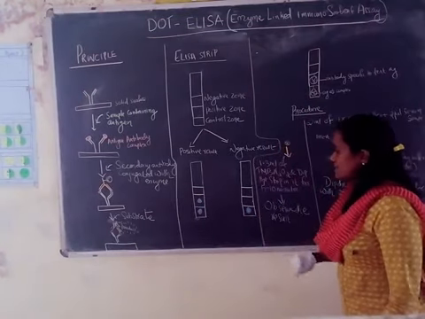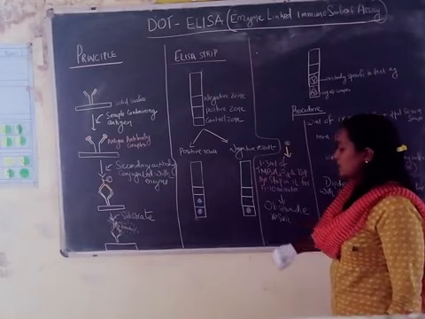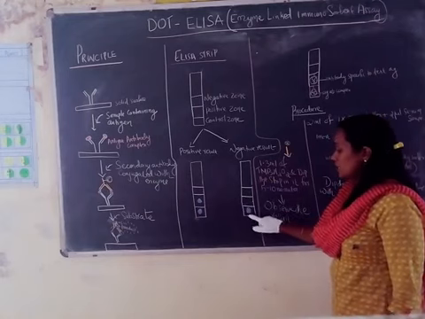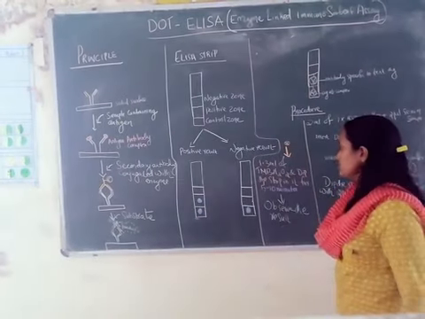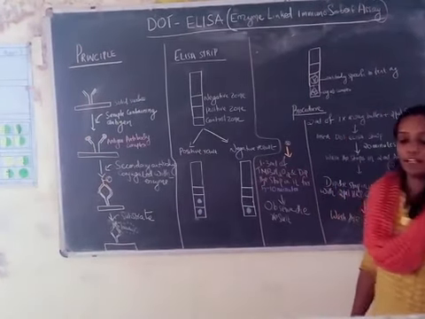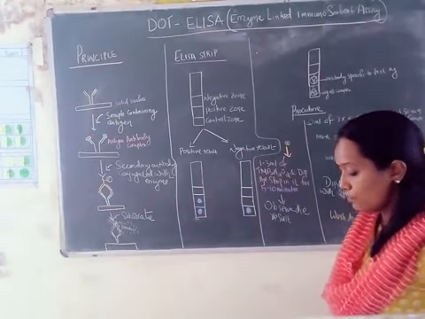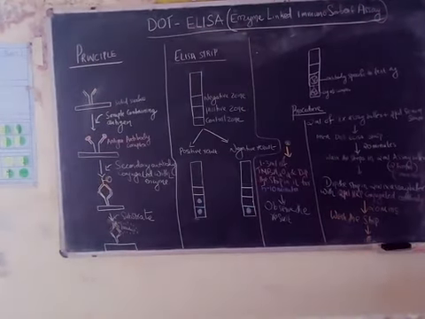Whereas in the negative result, if the sample is not having the antigen, then you cannot see a blue color spot in the positive zone. You can see the spot only in the control zone. Okay, so dot ELISA is a very quick method to identify the presence of antigen in any serological sample.